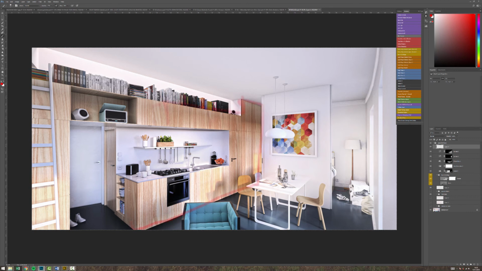And the second thing is that all the most important parts of your image, hierarchy-wise, have to have really efficient and realistic material.